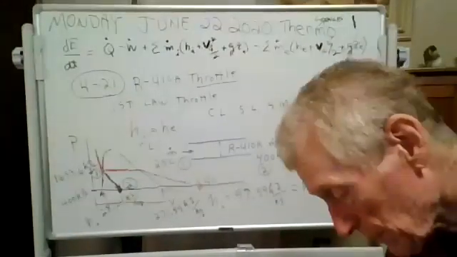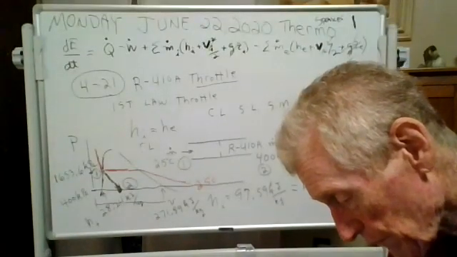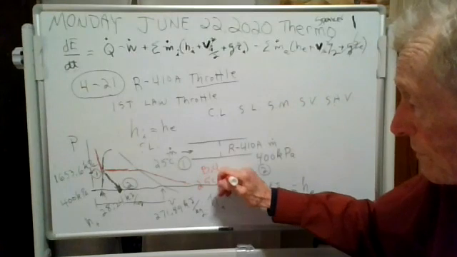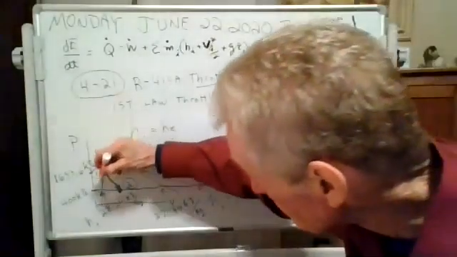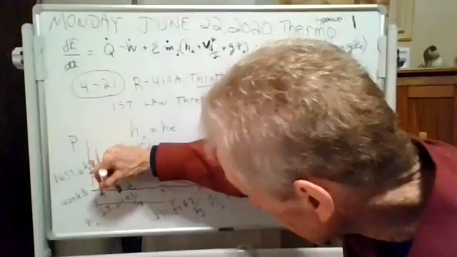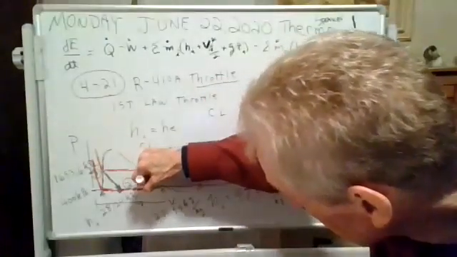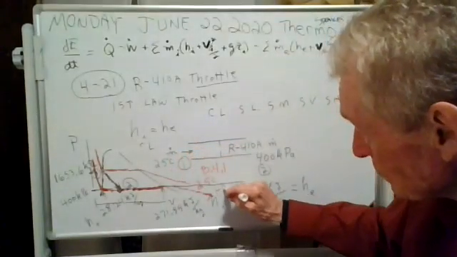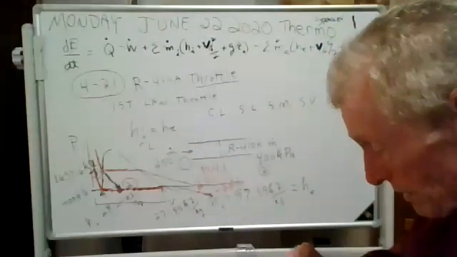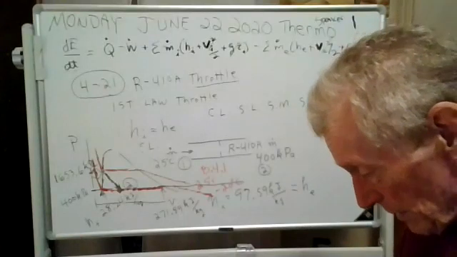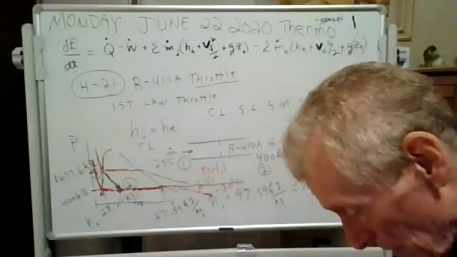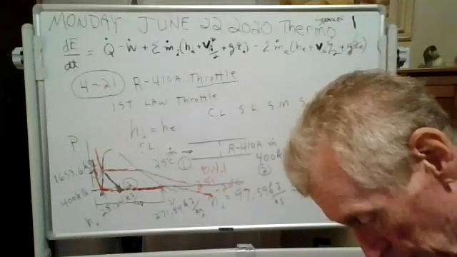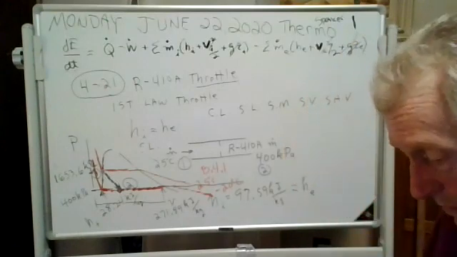I'm on table B.4.1, and I believe what I just said was this isotherm going through here is minus 20 degrees. Would it be Kelvin or Celsius? Let me look it up here. I think it's Celsius, yeah. It's minus 20.